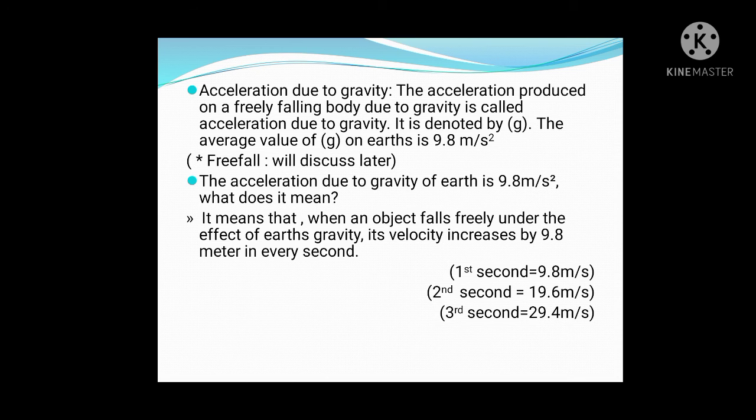Which means if your velocity of falling in the first second is 9.8 meter per second, in the second second it will be 9.8 plus 9.8, 19.6, and again in the third second it will be increased by 9.8, which will be 29.4 meter per second. So in every second the velocity will increase by the addition of 9.8 meter per second.